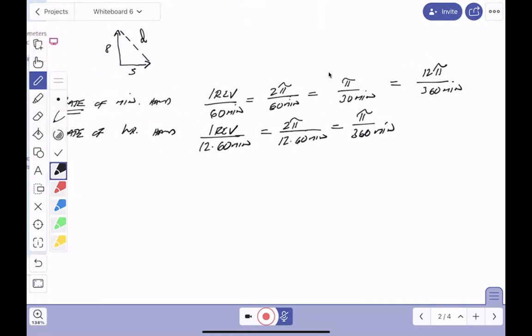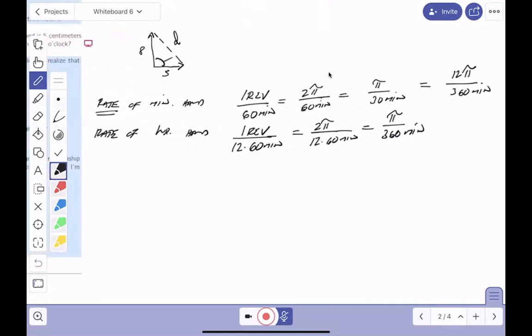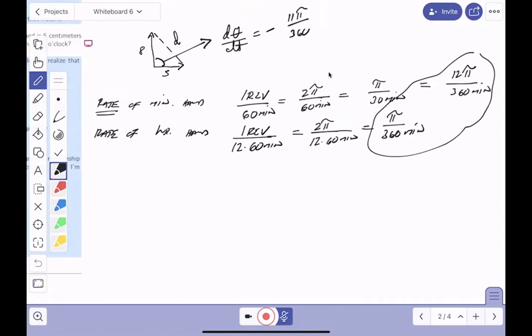I need to find out how fast this is changing, and we're talking about d theta dt. My big interest is how fast theta is changing. It's negative, because it's getting smaller. The difference between these two is 11 pi over 360, and the unit on the bottom is minutes.